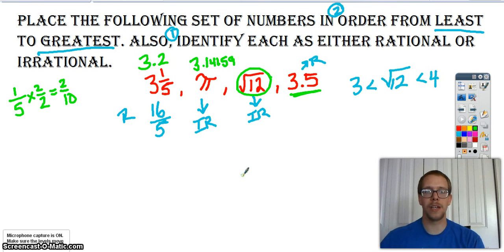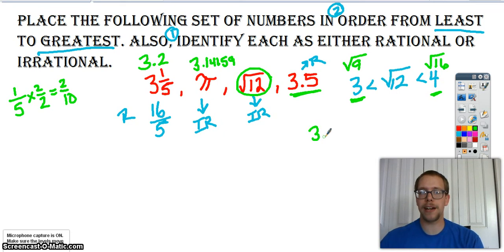Now square root of 12, I told you it's between 3 and 4. And notice 12 is a little closer, I think, to 9 than it is 16, but it's almost right in the middle. So let's start out with 3.5. 3.5 squared, will that get us close to 12?